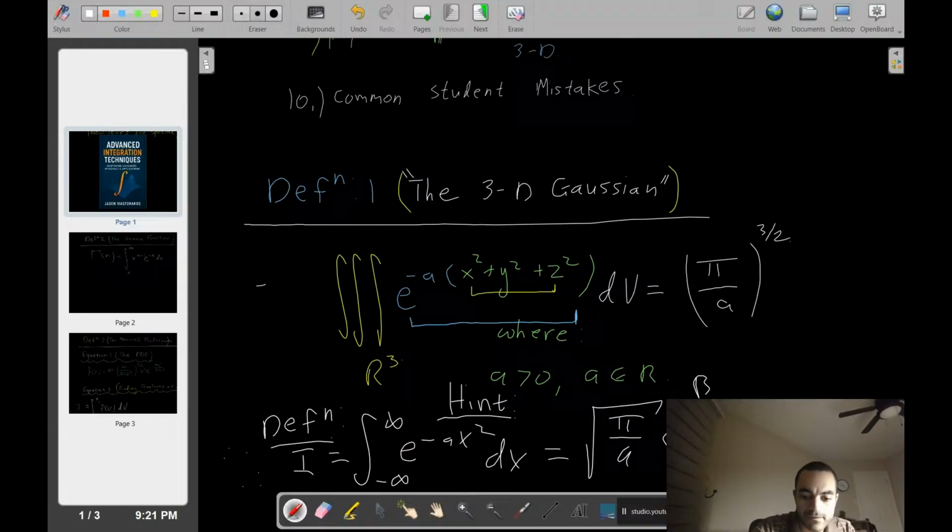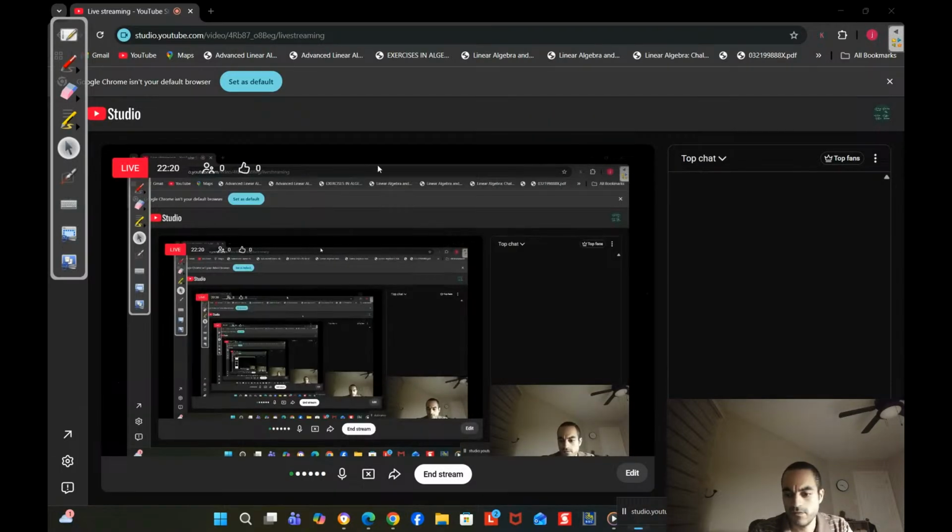What I mean by a, it's the little a minus capital A. This would be b squared. That's your hint. Use the Gaussian integral to figure out how to do this.